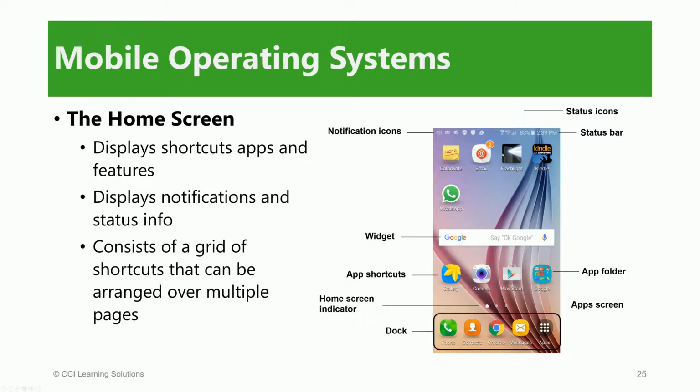So looking at our example right here, we have our notification icons, the status icons, and a status bar. So this is the status bar, which has the status icons and notification icons.